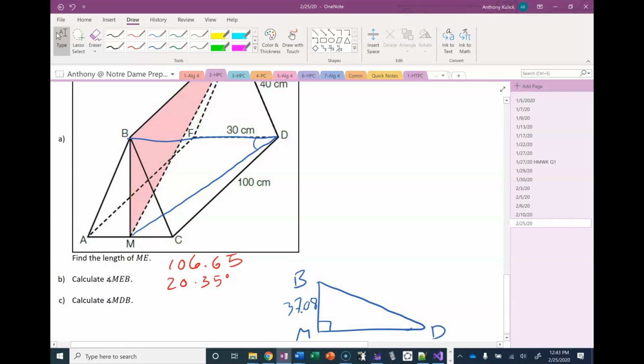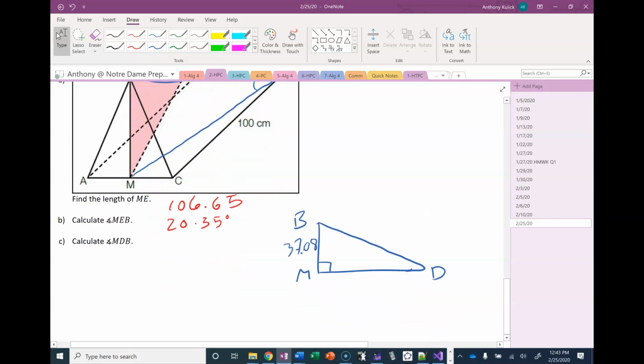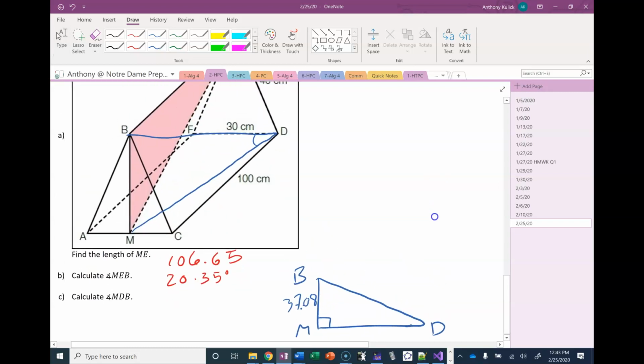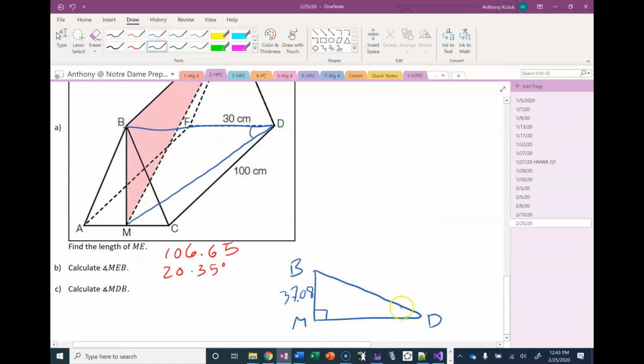And MD would not be difficult to find either, right? Because I know that this is 15, so I can do the Pythagorean theorem to find that piece. So MD is 101.12.